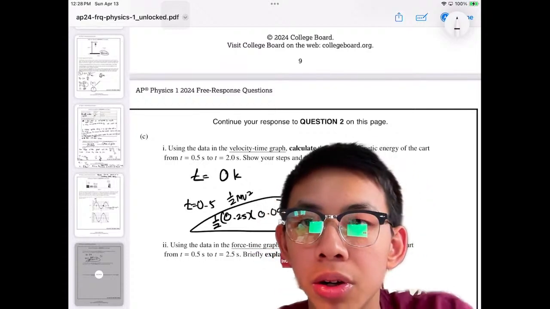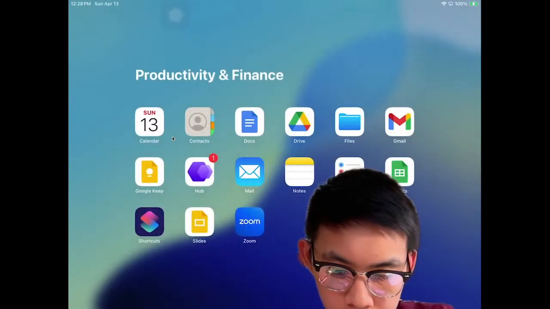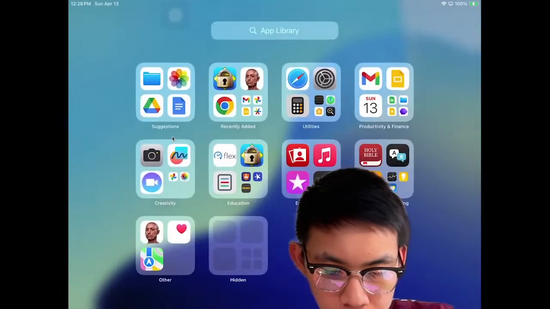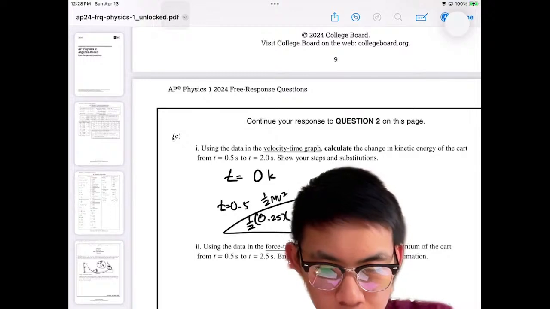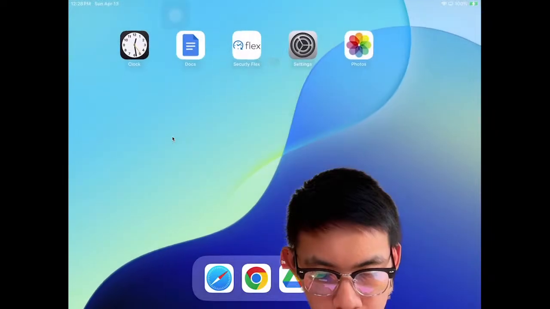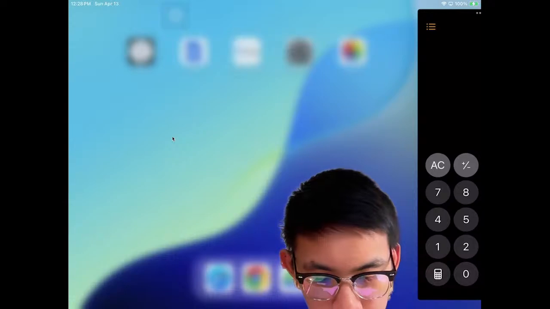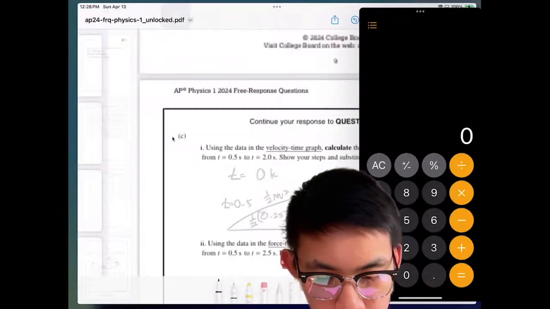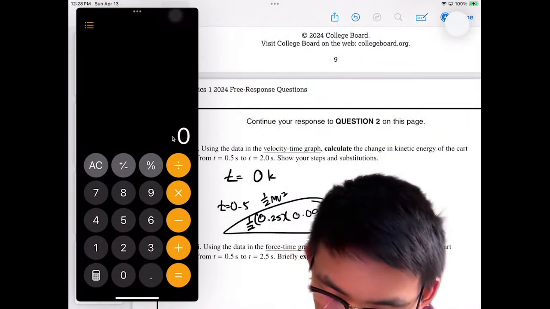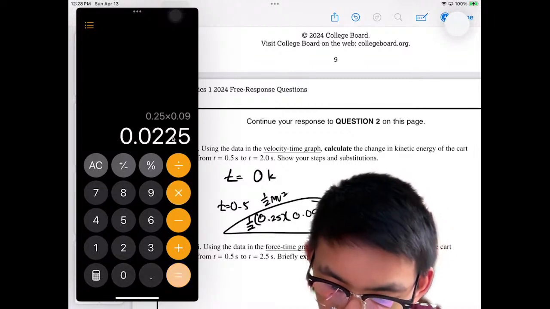Could be wrong, but you know. 0.25 times 0.09 divided by 2.